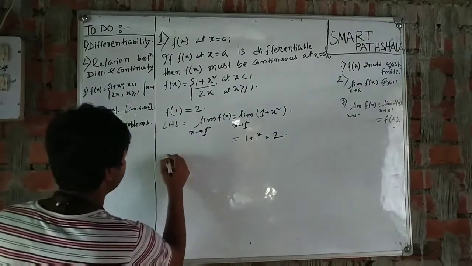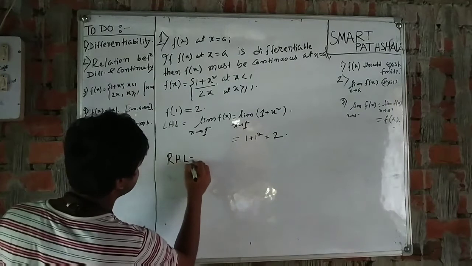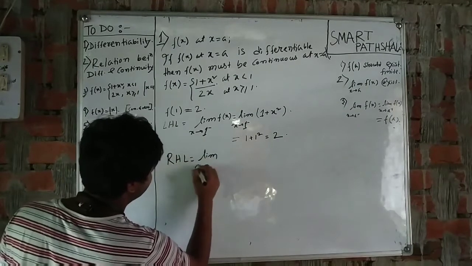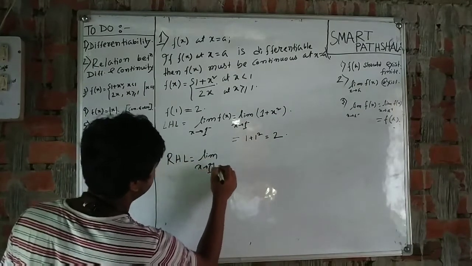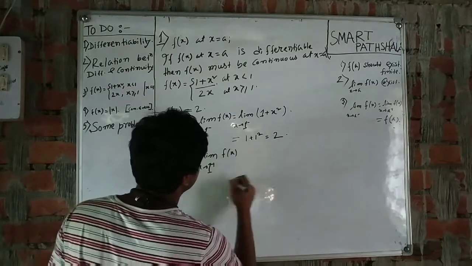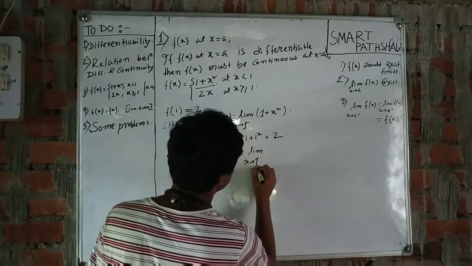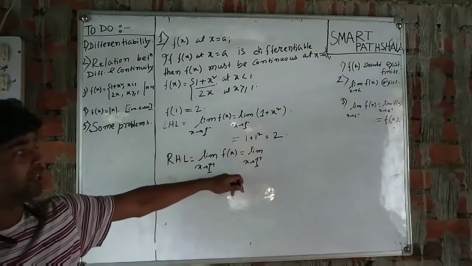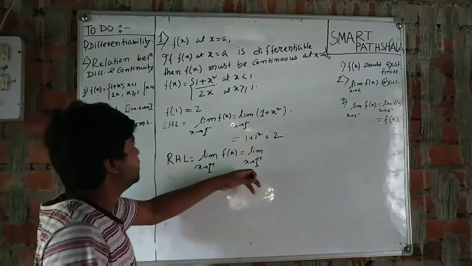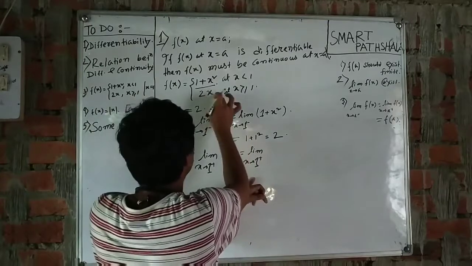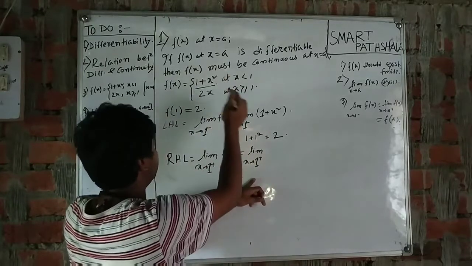Similarly, if we find the right hand limit, x tending towards 1 plus f of x. Now notice, x is tending towards 1 from the right hand direction, which means x is obviously greater than 1. So we need to put this equation, but not this equation.